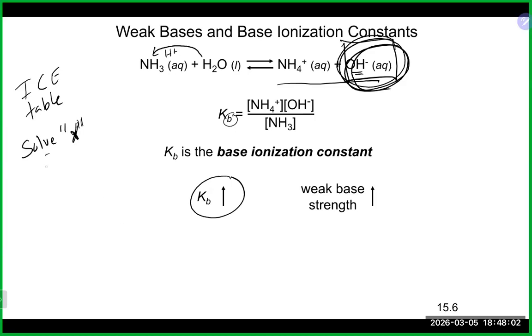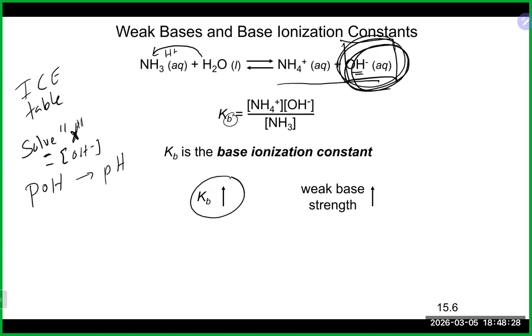So when you solve for X, that will equal the hydroxide concentration, which means you're probably going to be doing a little pOH action first, and then you're going to get yourself over to the pH at that point. So that is a super, super common error that people make, is they automatically think X is always the H plus concentration. And clearly in this case, it would be the hydroxide concentration.